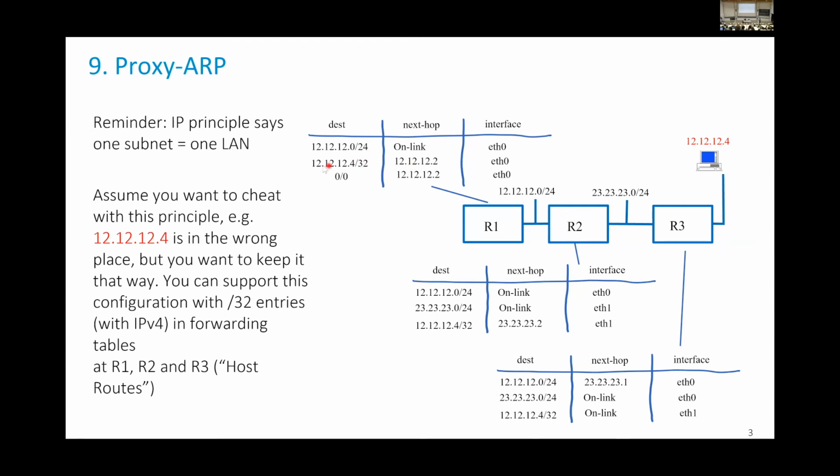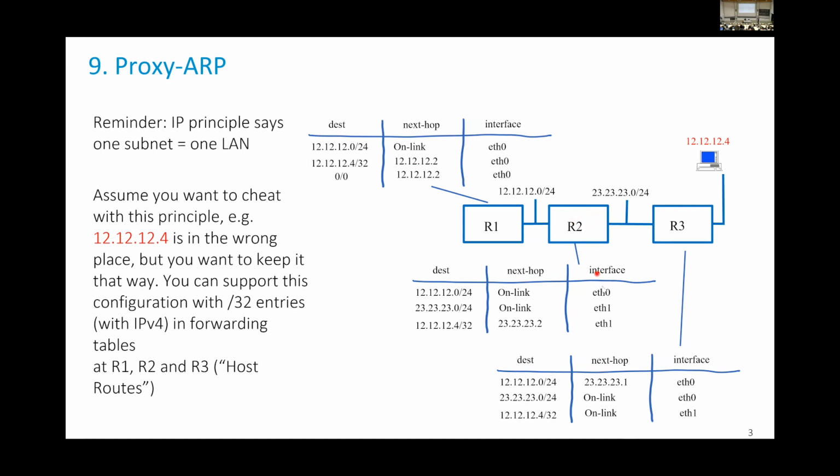And since we do longest prefix match, any IP address that is in this domain here will be routed by R1 on this interface here. And it would say it's directly on link. And if you have a packet that is received by R1 and should go there, then it will follow this more specific address that says send to next hop, which is R2.